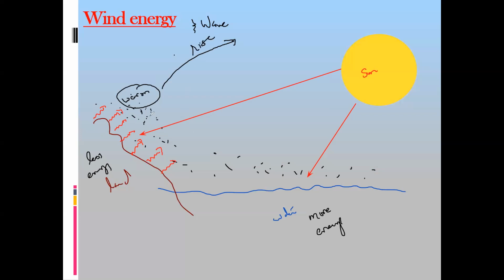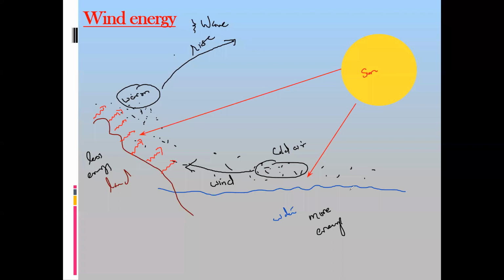When the air particles above the land move up, the relatively colder air above the water will start to move towards the land, and this movement of air particles towards the land produces wind energy.